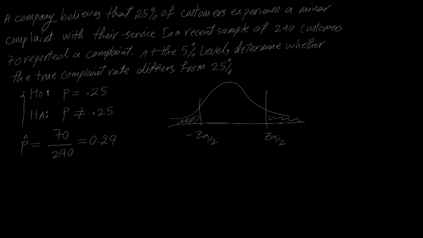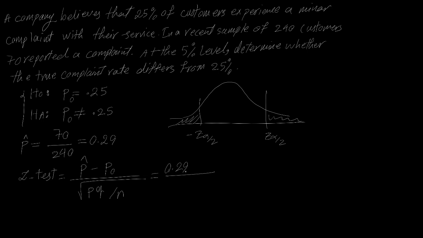Okay, now we want to compute the Z test for the proportion. So it's p hat minus, let's call it p0, and in the denominator we have p times q over n, under the square root. Now if we substitute, p hat is 0.29 and p0 is 0.25.